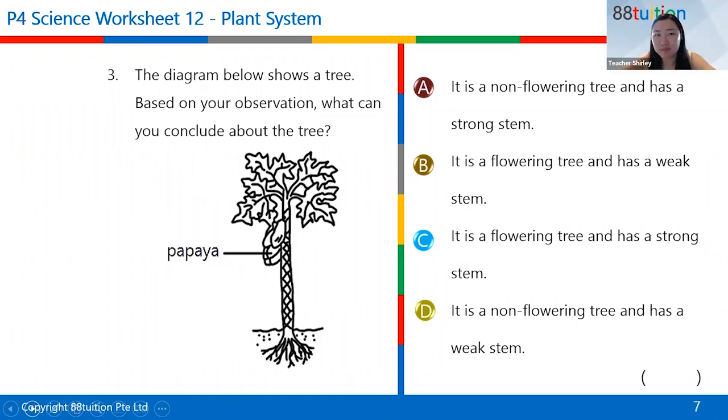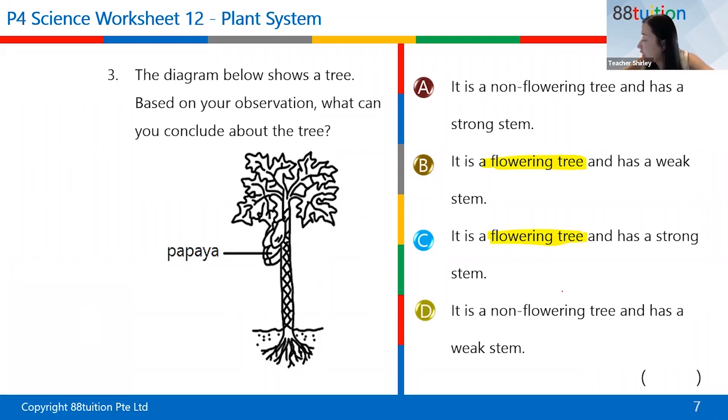Because it has fruits on it and leaves. Very good. Well done. Correct. Because if it produces fruit, it must be a flowering plant. The reason is because fruits develop from flowers. If you don't have flowers, you will not have fruits. So in this case, it is a flowering plant, or flowering tree.